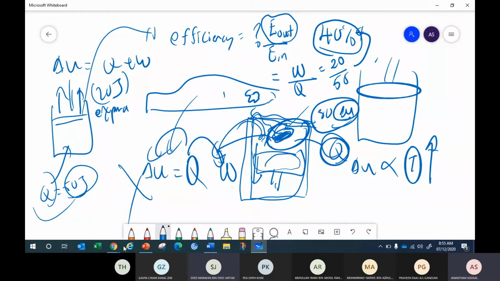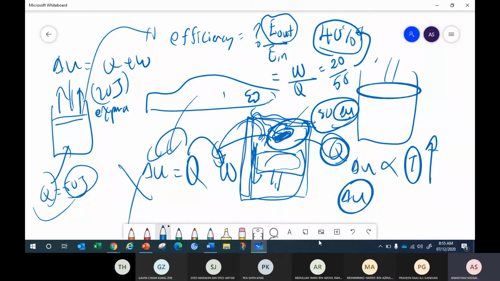Some engines are made of aluminium, which is not heat resistant. At very high temperature, even the aluminium is going to bend. More friction, so the engine ends up in catastrophic failure. So the change in U is bad in engineering.